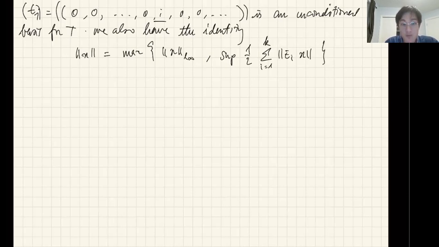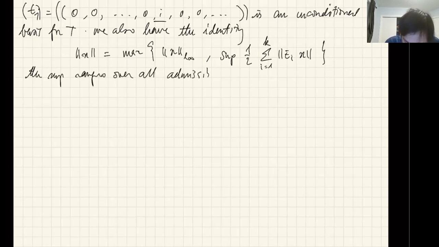And the sup ranges over all admissible sequences, so K less than or equal to E1 less than ... less than EK.